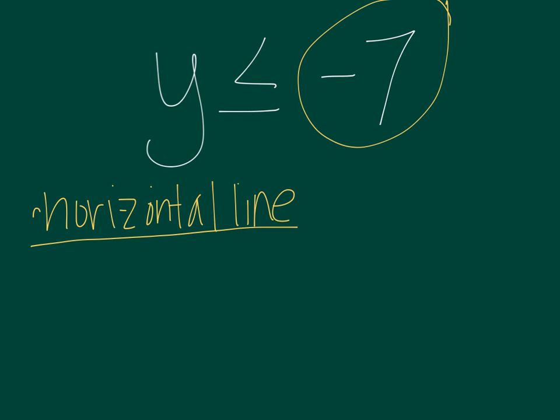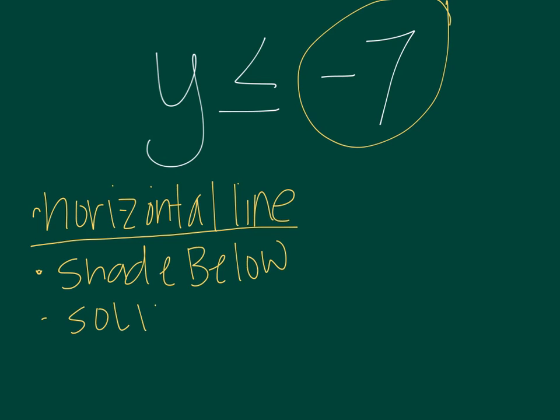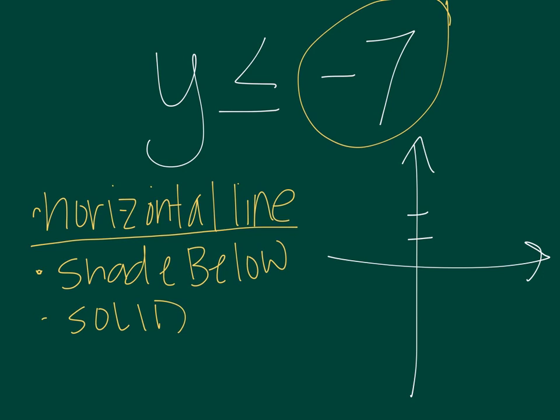We know that we are going to shade blue, and it's going to be solid. So in our graph, we're going to make an x and y equals chart. We're going to worry about our y values. So 2, 4, 6, 8.